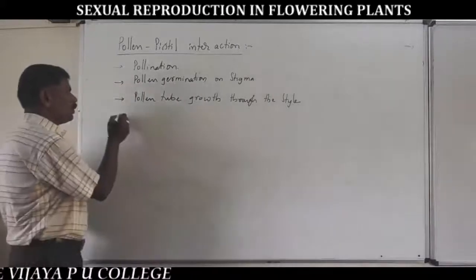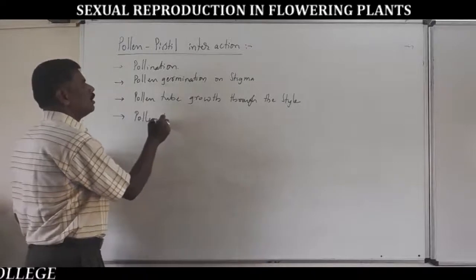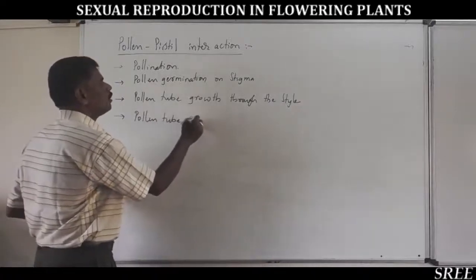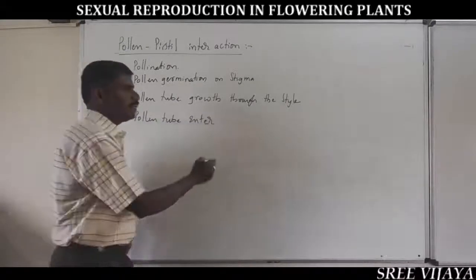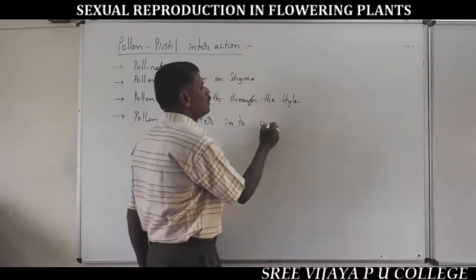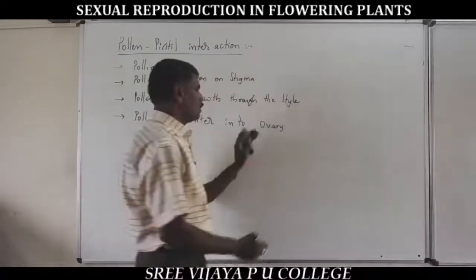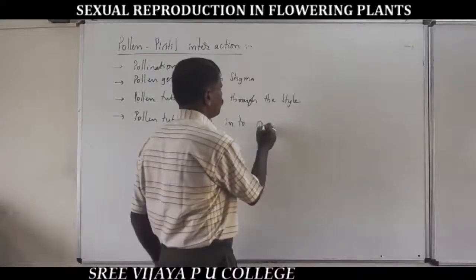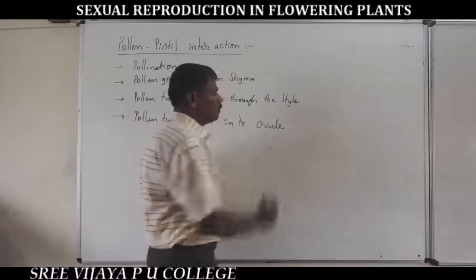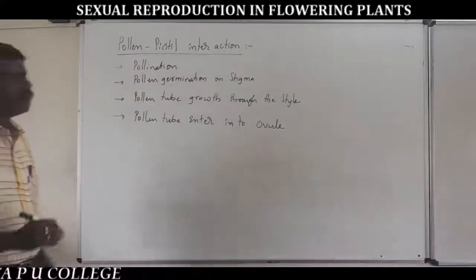The same pollen tube enters into the ovary, into the ovule. The ovule is located in the ovary.